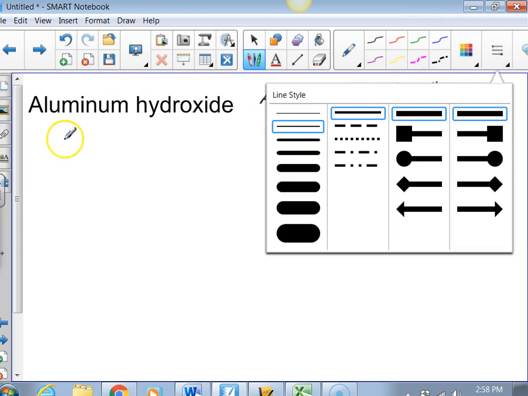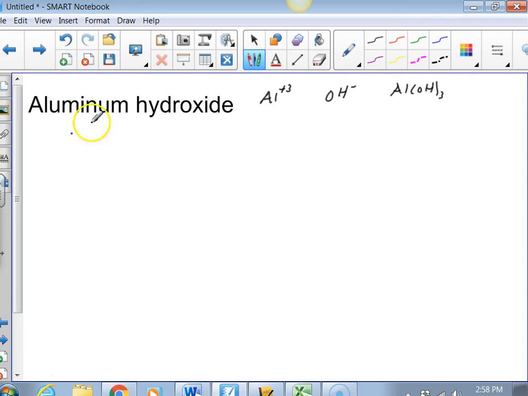So we're going to have, in 1 mole of this, if I put a 1 out here, that means 1 mole of aluminum hydroxide. We're going to have 1 mole of aluminum and 3 moles of oxygen and 3 moles of hydrogen. There are 3 here distributing through the parentheses.